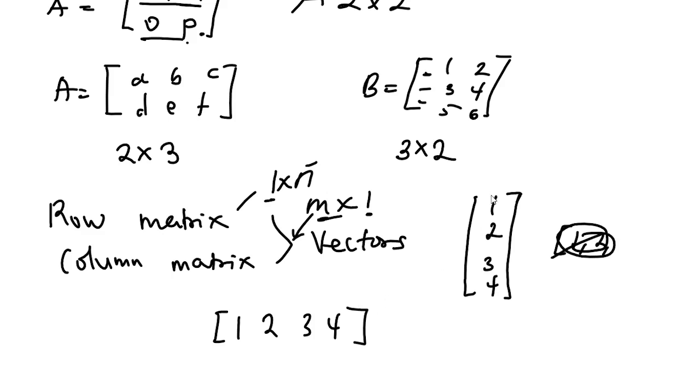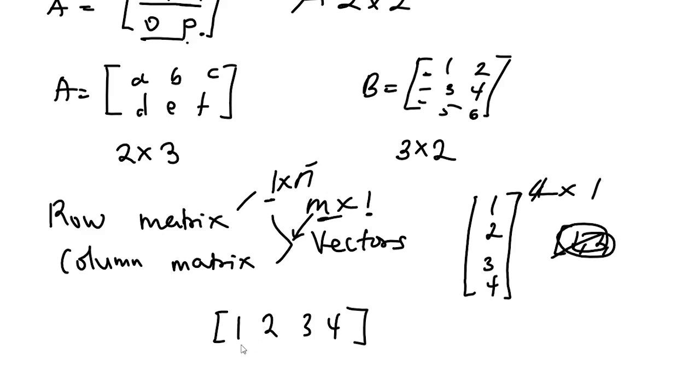When you look at this, it has only one column. Rows come first, so you have 4 rows by 1 column. It's a 4 by 1 matrix.